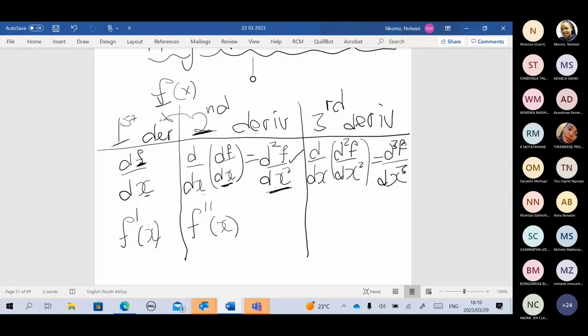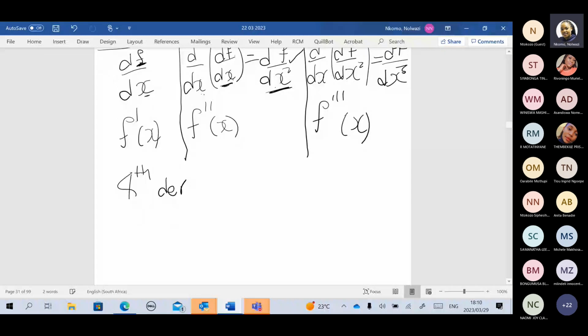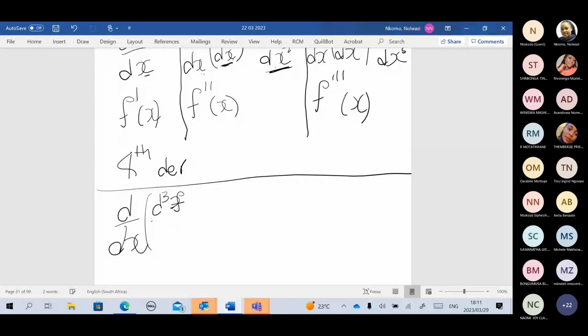For the fourth derivative, here we are differentiating f 4 times, meaning we are differentiating the third derivative, and this gives you d to the 4 f over dx to the 4.